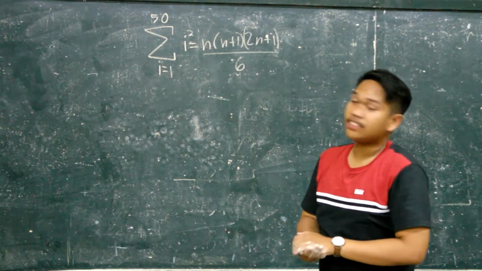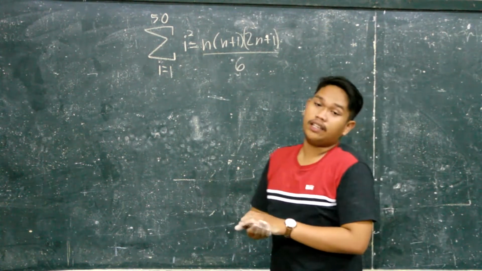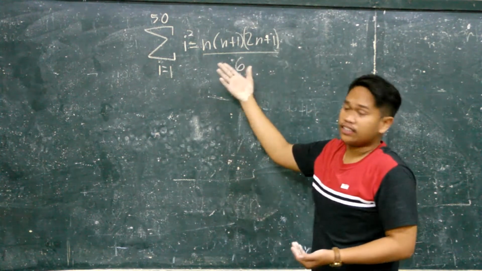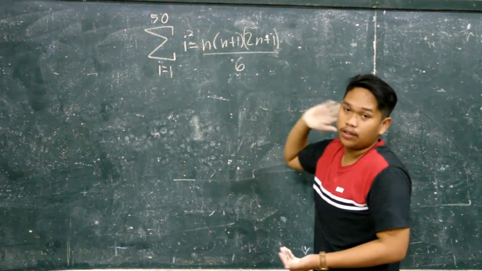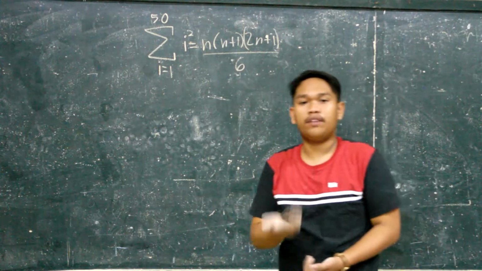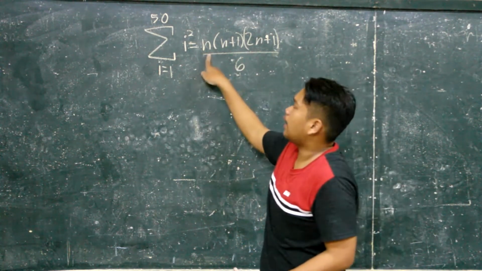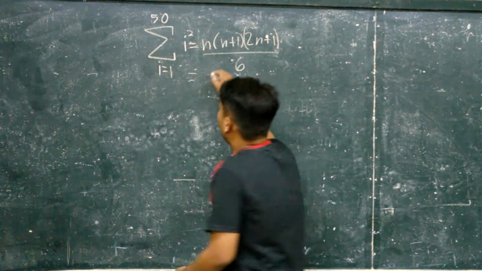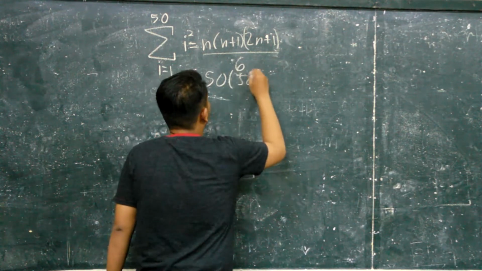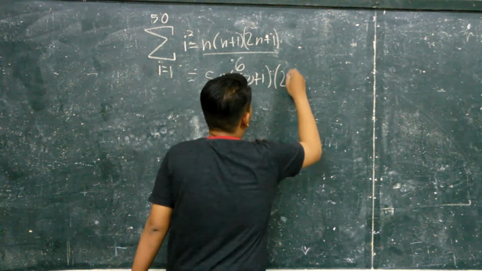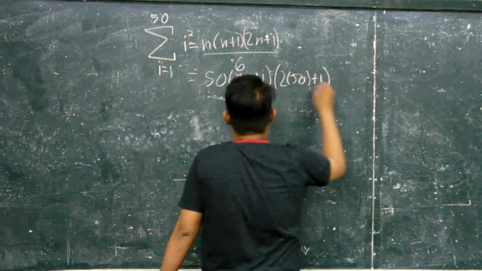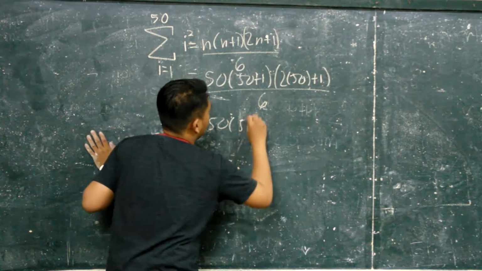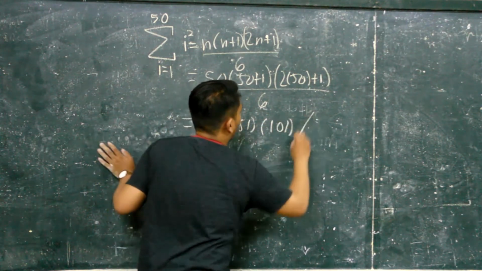In this next example, we have a variable with an exponent of 2. So we are going to use this formula: n times (n+1) times (2n+1) all over 6. Same as the previous example, we are going to substitute n with its value, so our n here is 50. So 50 times (50+1) times (2 times 50 + 1) over 6. Simplify: 50 times 51 times 101 over 6.